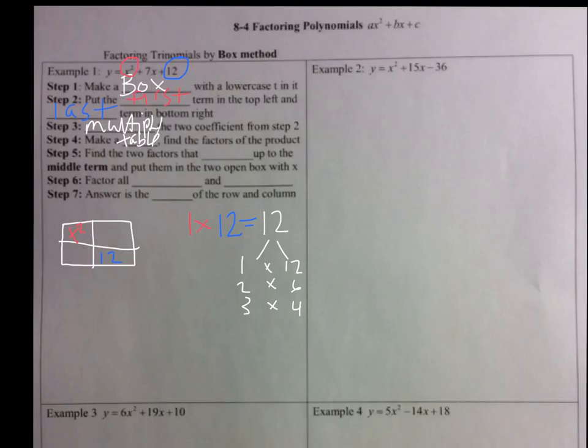Alright, step number 5. Let's find the two factors that add up to the middle term and put them in the two open boxes with x. So we want to find two factors from the 12 here that add up to our middle term, and the middle term is 7.